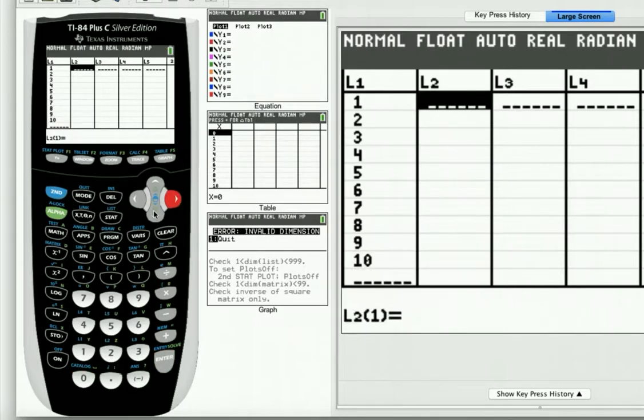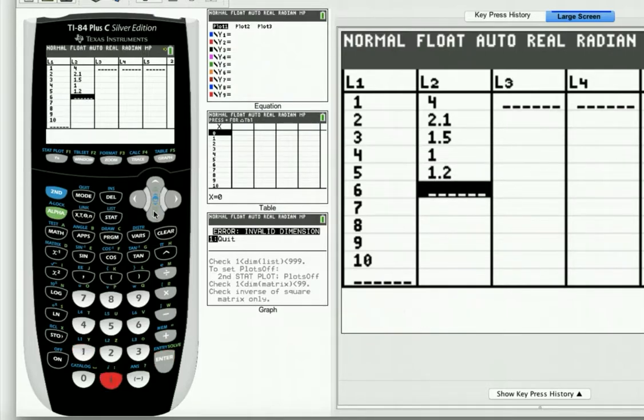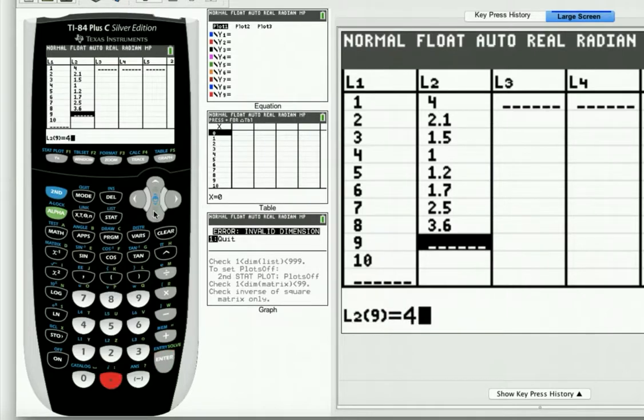For the L2 values, you've got 4, 2.1, 1.5, 1, 1.2, 1.7, 2.5, 3.6, 4.9, and 6.1.